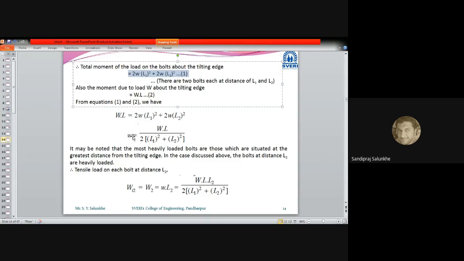So the intensity here we can calculate as the external load into its distance divided by L1 square plus L2 square. From this we can calculate the intensity.